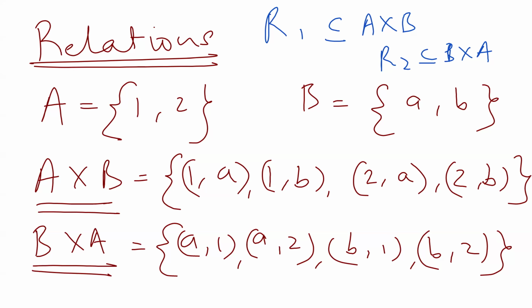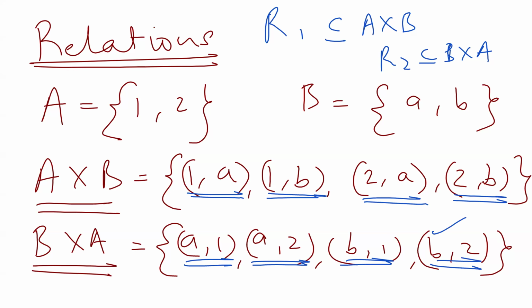Now within a Cartesian product, these are ordered pairs. The first object in any ordered pair before the comma is the first component, and the second object is called the second component. The first object is also called the pre-image. The second object is called the image.